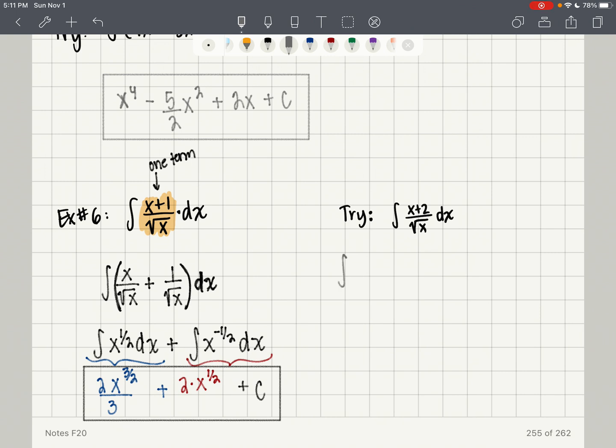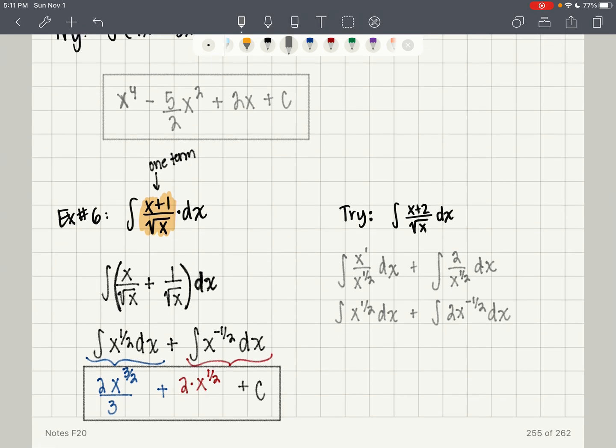Okay, so the work that I have is x to the first over x to the 1/2 dx plus, and I have the indefinite integral of 2 over x to the 1/2 dx. And then I might even write that differently, x to the 1/2 dx, because that's how it simplifies. And then I'd have 2x to the negative 1/2 dx.